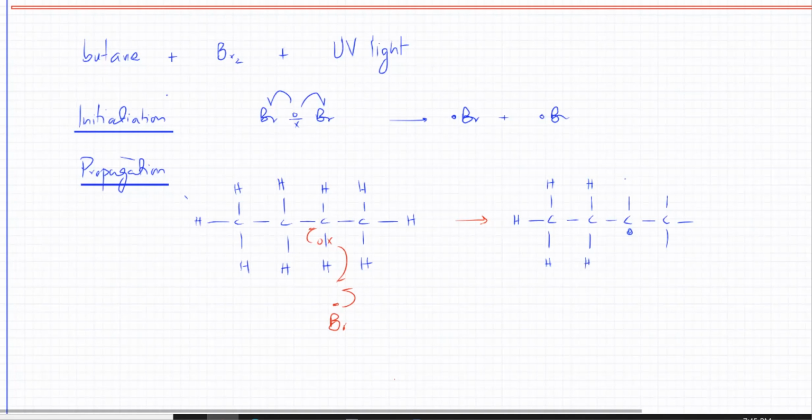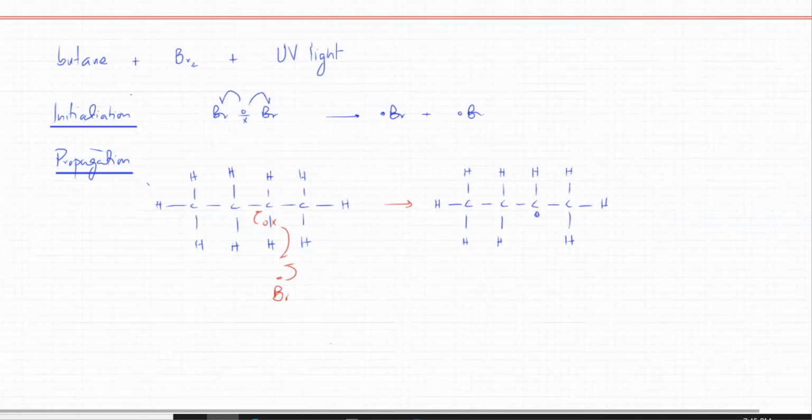This one. So this carbon is now a radical, and an HBr molecule is going to be produced as a result. So just remember, any carbon atom could become a radical. It's not just the end one or this one. It could be any carbon atom.